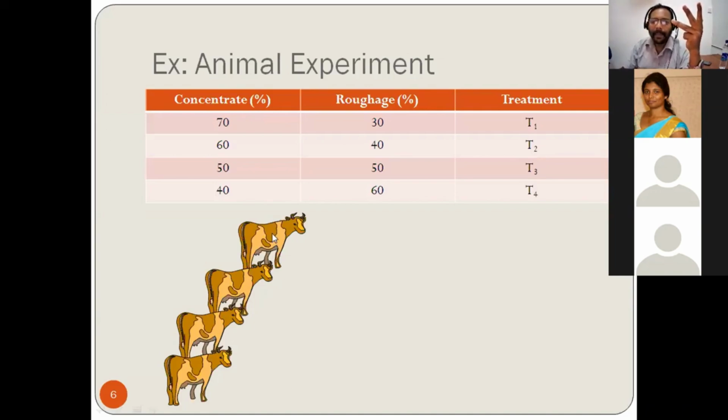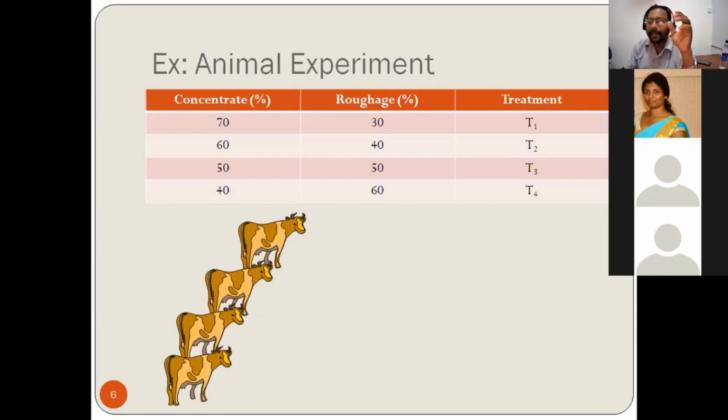Can we say all cows can be taken from the same weight? Not exactly, because in your class, how many students are there? How many colleagues? 74 colleagues. If I want to select 10 or 4 of them with exactly 50 kilograms in weight, can you get?